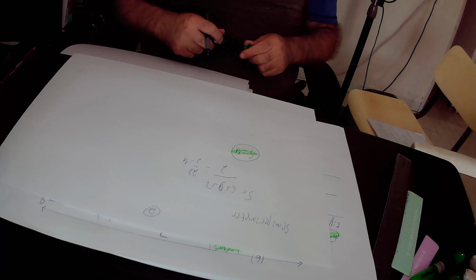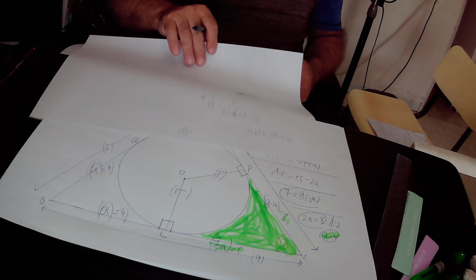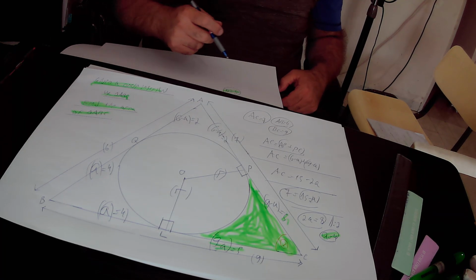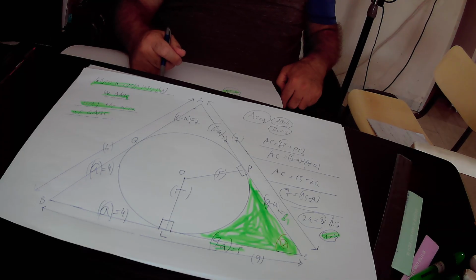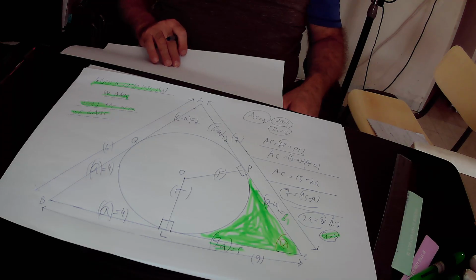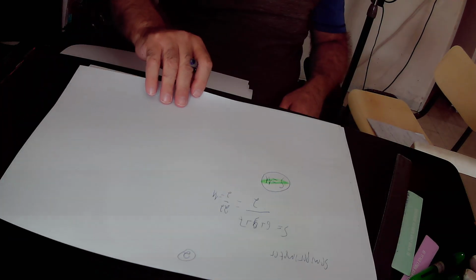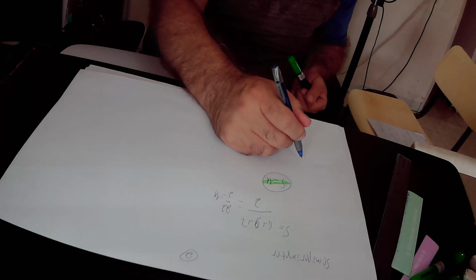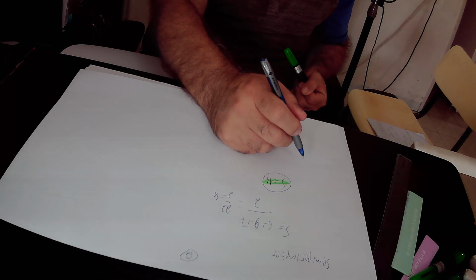In the next step, we will find the area of triangle ABC according to a special formula. The special formula is good for any triangle.